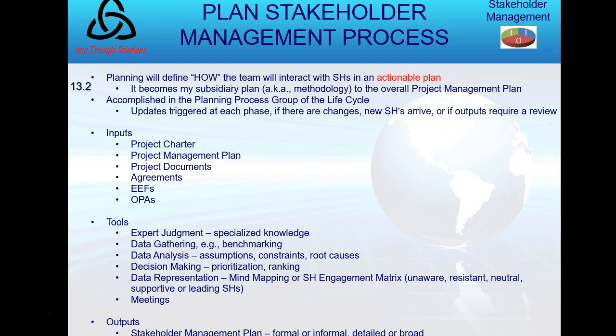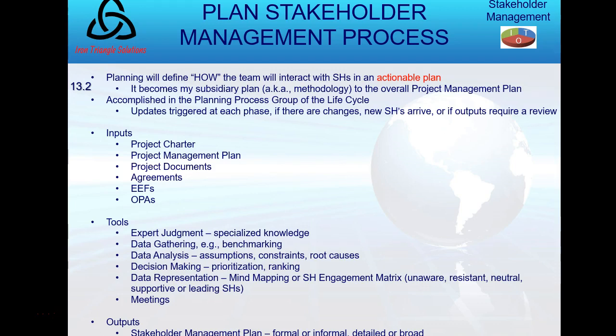The communication management plan should come to mind because I'm in stakeholder management and I said they're tied together. And the risk management plan becomes very important because stakeholders have what's called risk thresholds and risk attitudes. And so the risk management plan should easily come to mind.